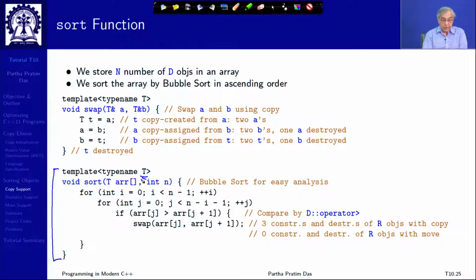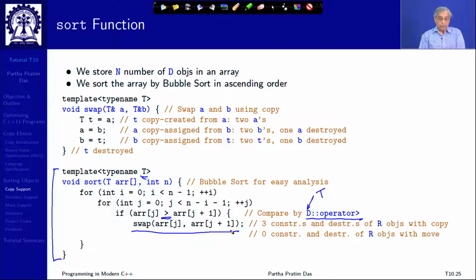So, this is the comparison which will use the comparison operator. Actually, I should write here not D, I should write T, T colon colon operator greater than, and that will need to swap two objects.